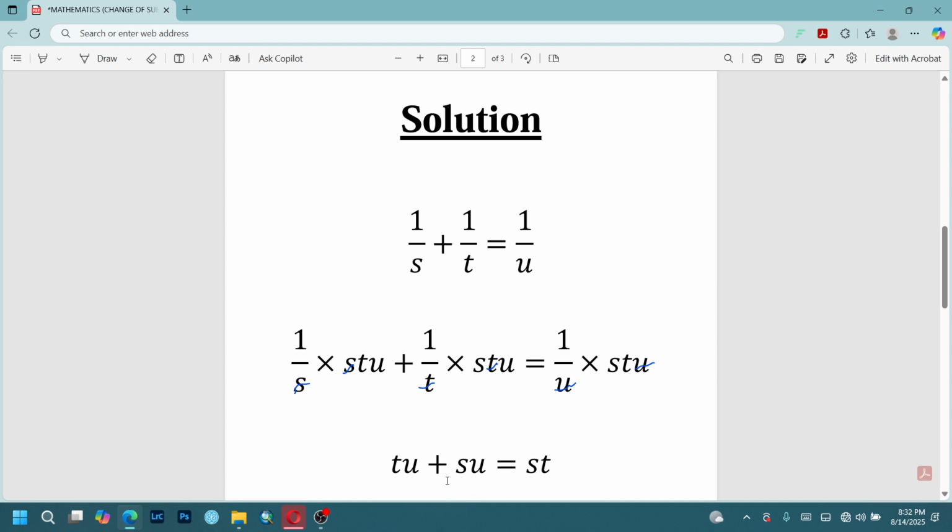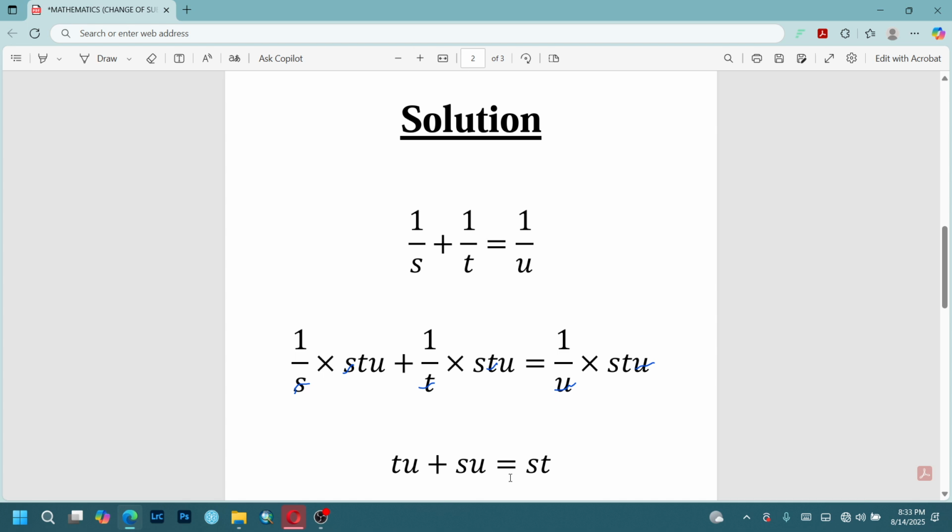When we do that, this SU, which is a positive number, whenever a number crosses the equal to sign, it changes its form.